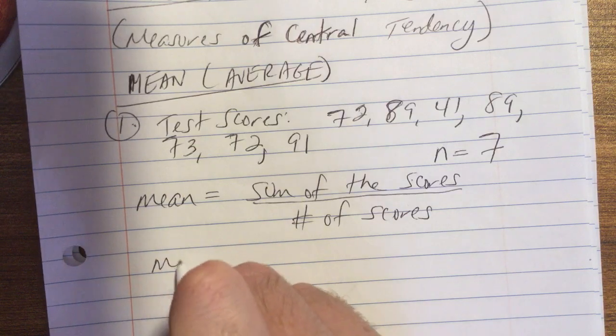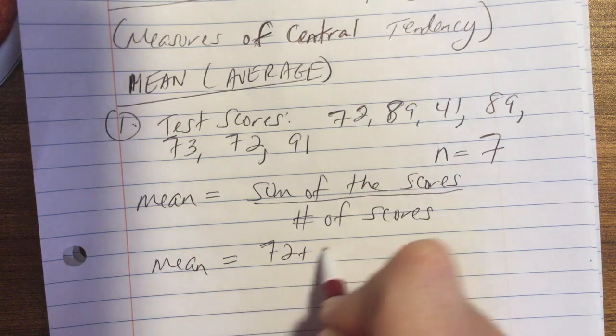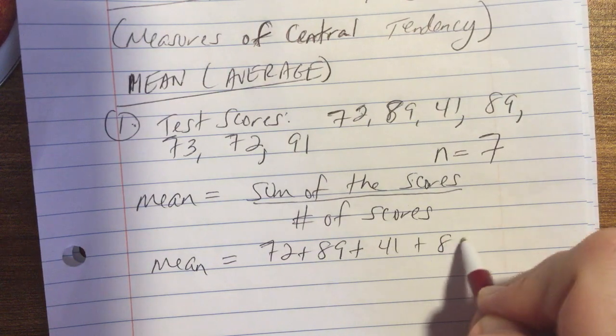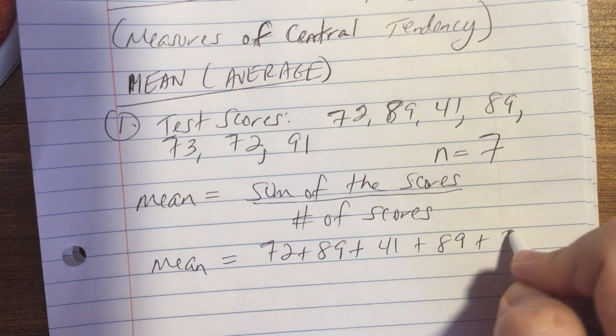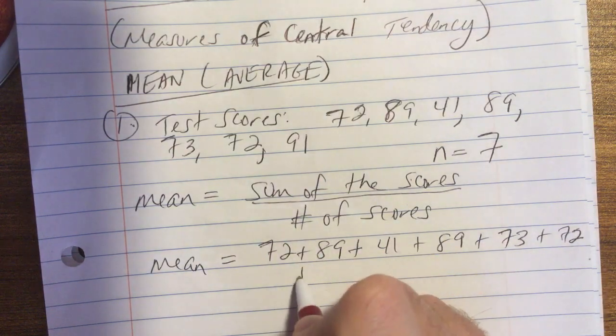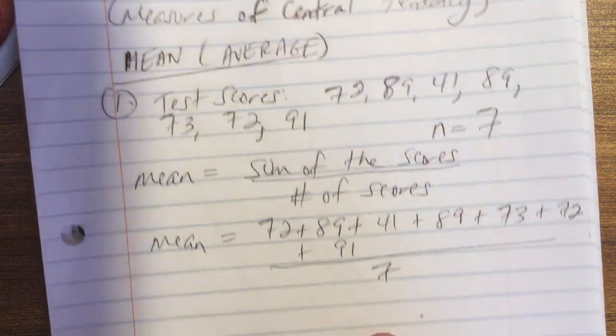So the mean in this case is going to be equal to 72 plus 89 plus 41 plus 89 plus 73 plus 72 plus 91, and that entire amount is going to be divided by the 7 scores.